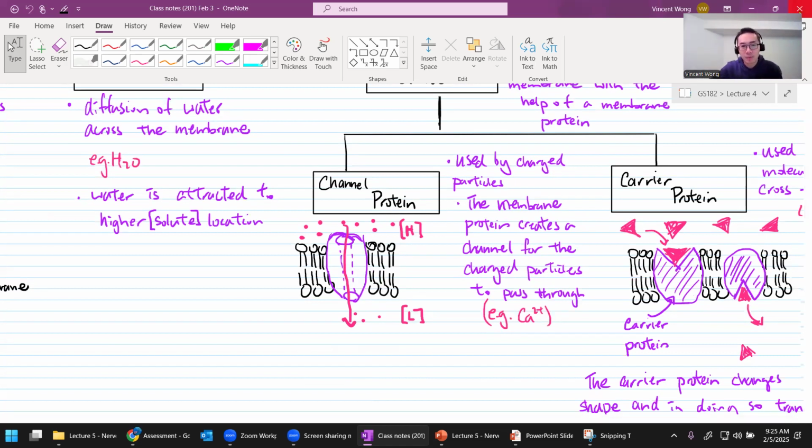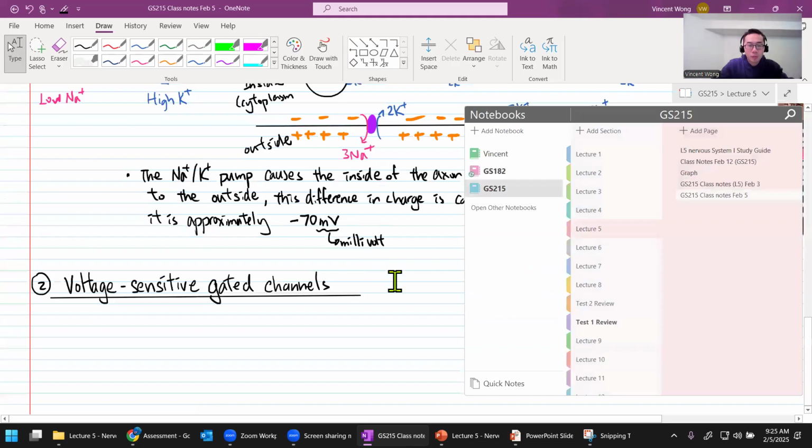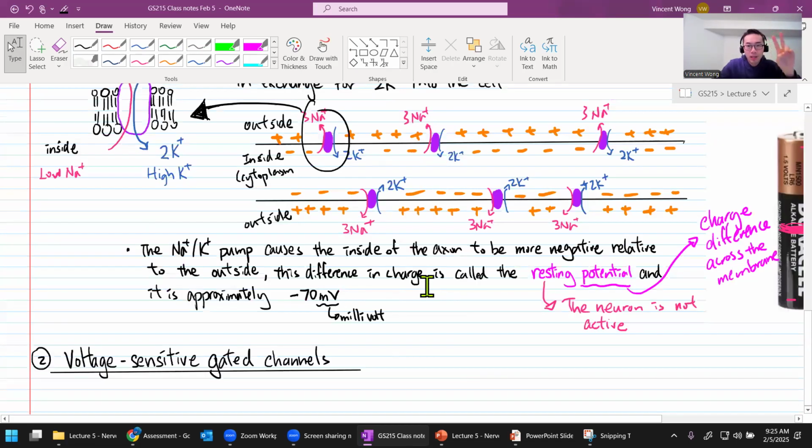It says right here, used by charged particles. Here it says calcium, but other ions can go through the channels. And of course, in the context of what we're talking about, the two major ions we are focusing on are the potassium ion and the sodium ion.